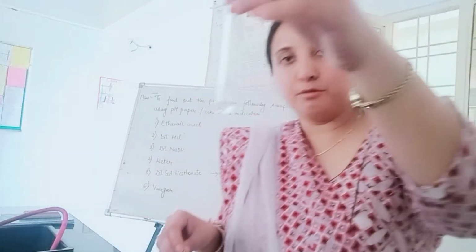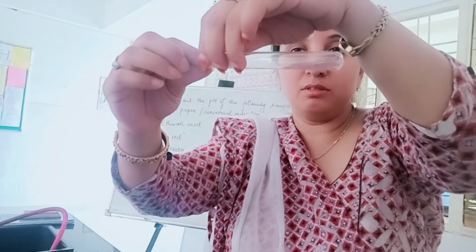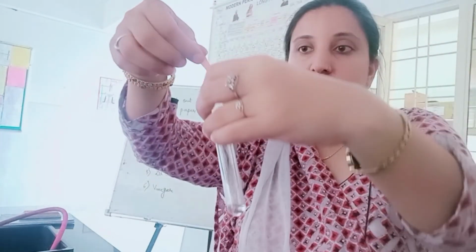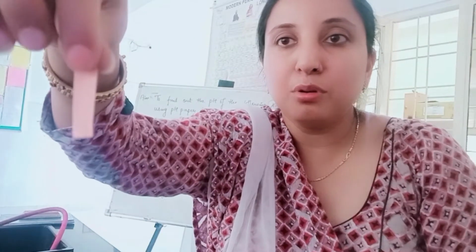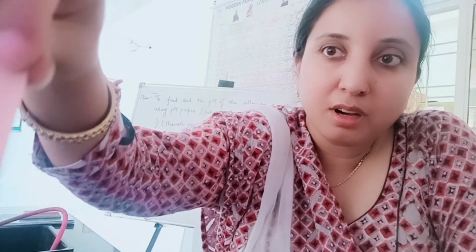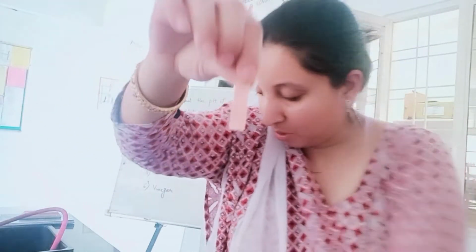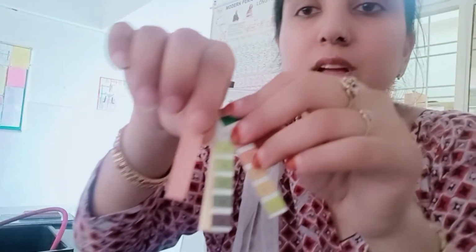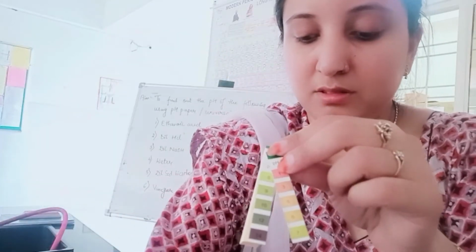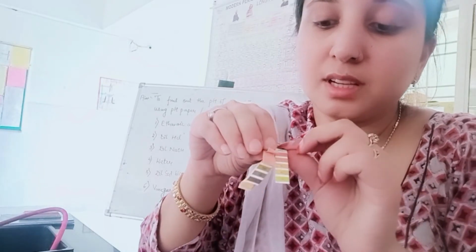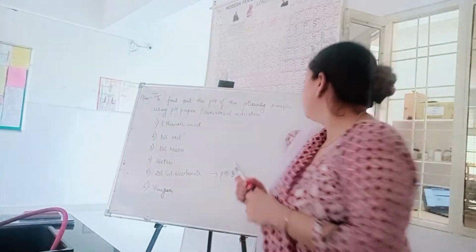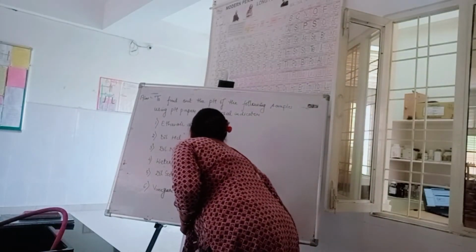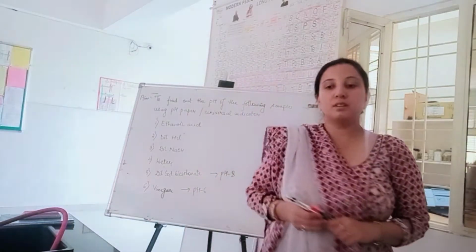Now the second sample I am taking is vinegar. Now let's look at the vinegar also. Over here if you look, the color has changed to a little bit pinkish. So again let's look over here. Its color is coming around 6. So the pH over here is going to be 6.